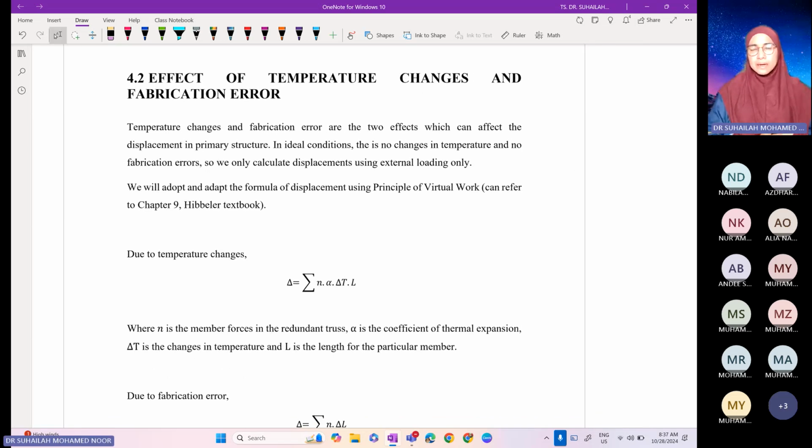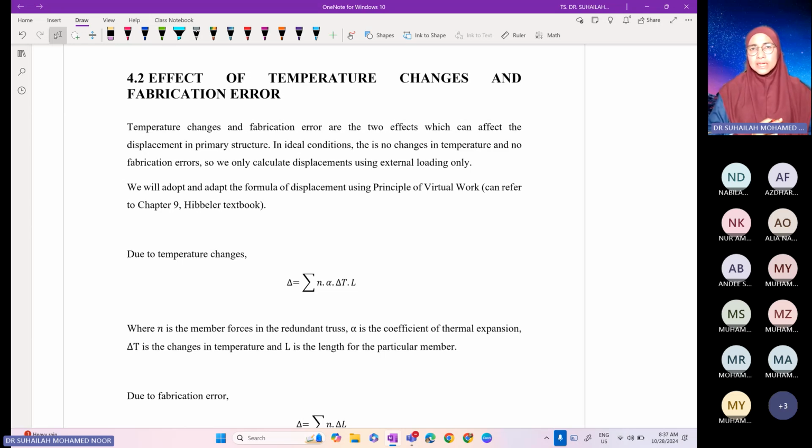Okay, beside external loading that we need to consider for calculating redundant and calculating displacement, we have to understand that in structural analysis, reaction occurs due to external loading, and not only external loading, because sometimes the effect from temperature changes and also fabrication error can also produce the reaction and displacement in the system.